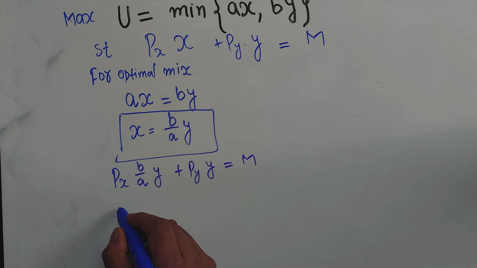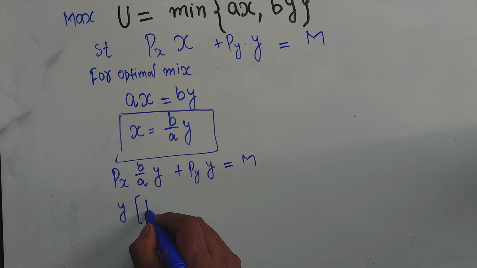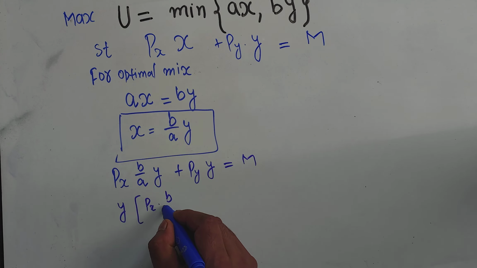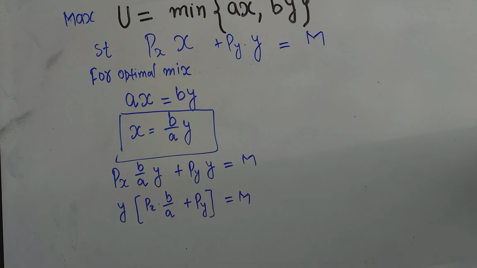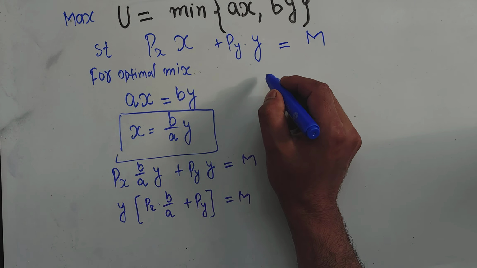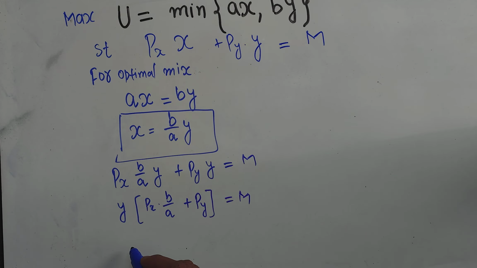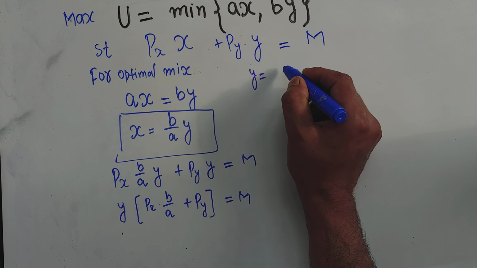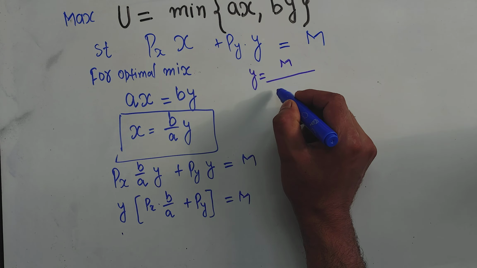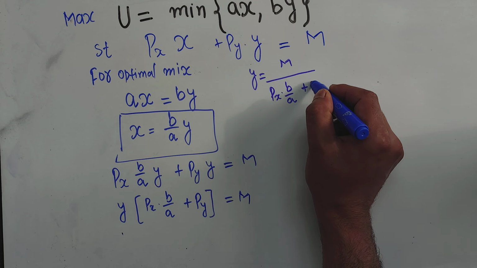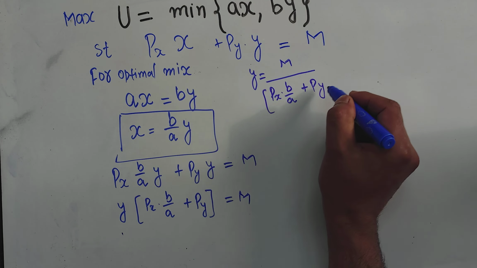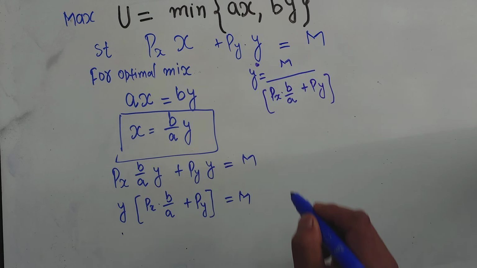Taking y common, y times (px times b upon a plus py) is equal to m. Solving further, y will be equal to m upon (px times b upon a plus py). That is the demand function for good y.